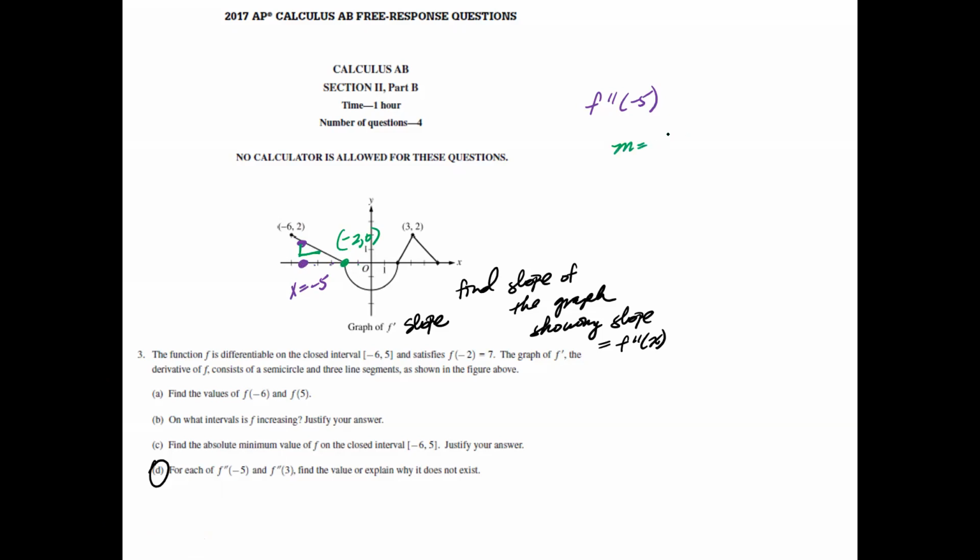So the slope is going to be 0 minus 2 over -2 minus 6, which is a -2 over -8. So it's about a 1 over 4. And since this is a negative slope, your slope is a -1/4.